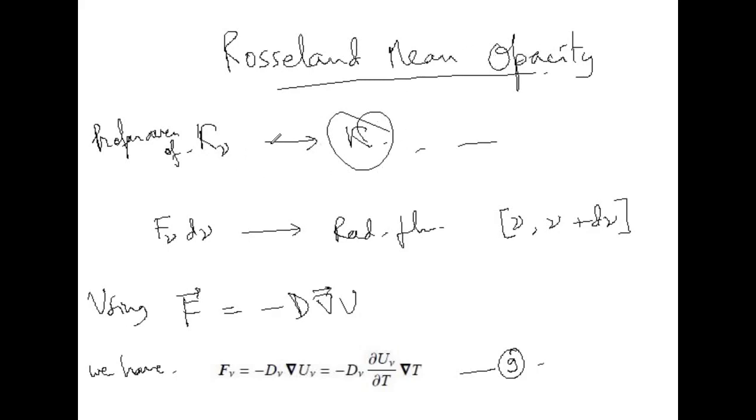Now, Rosseland mean opacity. In the equation, all the quantities are independent of nu except this opacity coefficient, so we have to take this averaging in a proper way. Now you see, if F nu d nu represents the radiative flux in the frequency range, then using this relation we can write this flux in this form.